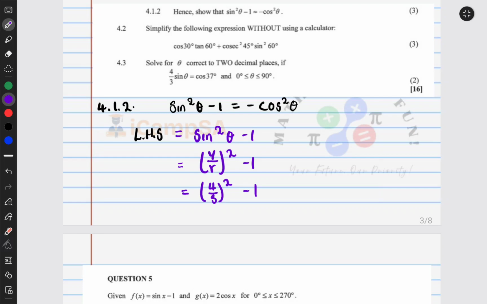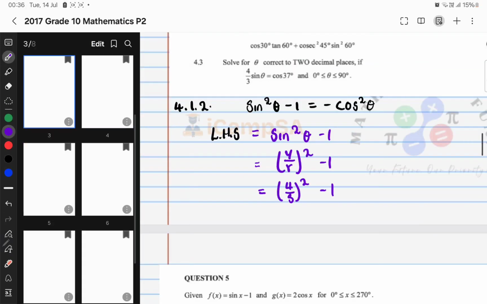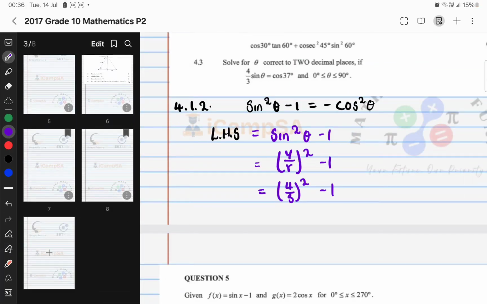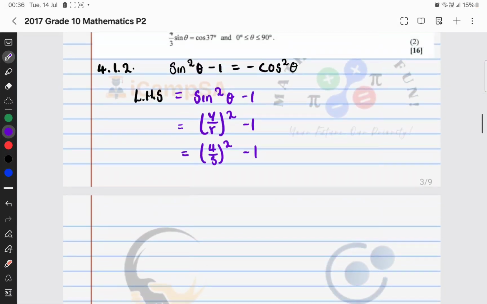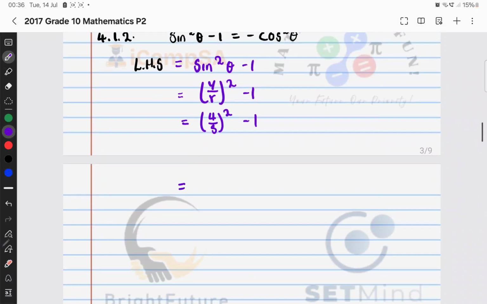This will be equal to 4 over 5 squared, which is 16 over 25, minus 1. With common denominator 25, 16 minus 25 is negative 9 over 25. That's the solution that we have here.